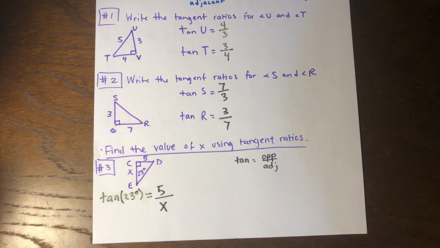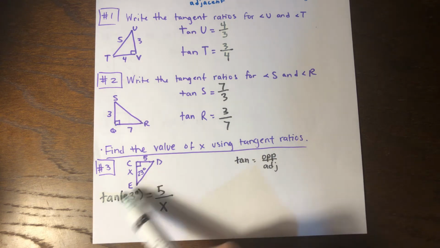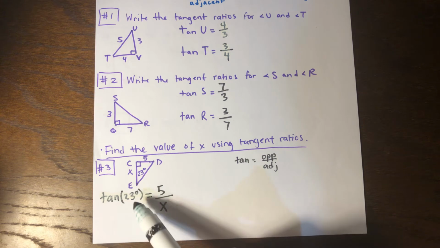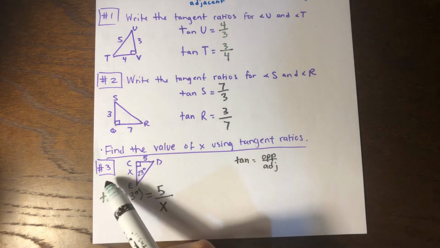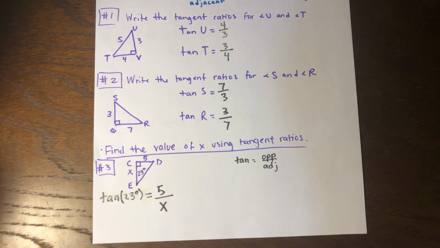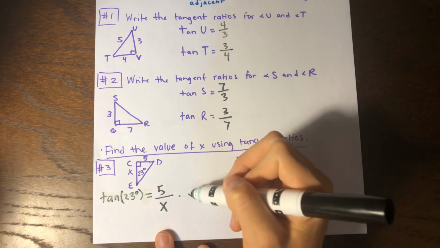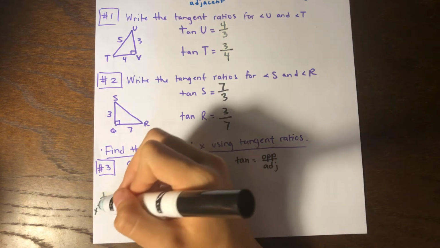So this is how I set it up. The angle is for tangent, opposite is 5 over x, which is the adjacent, and we're going to be solving for x. We need to get x all by itself. This can be a little bit tricky, but we're going to multiply x to both sides.